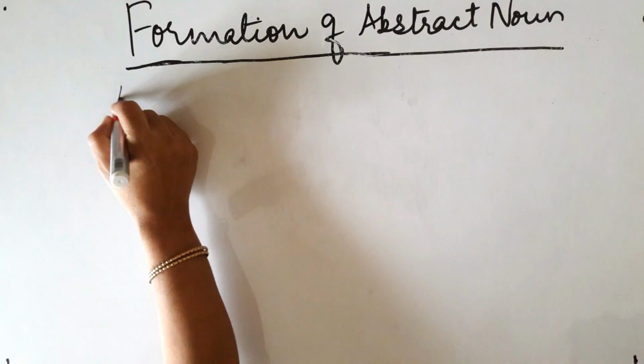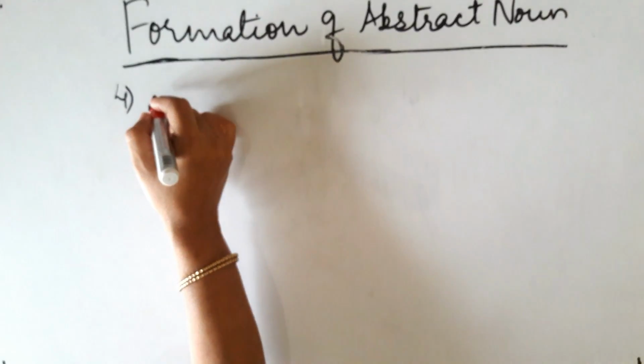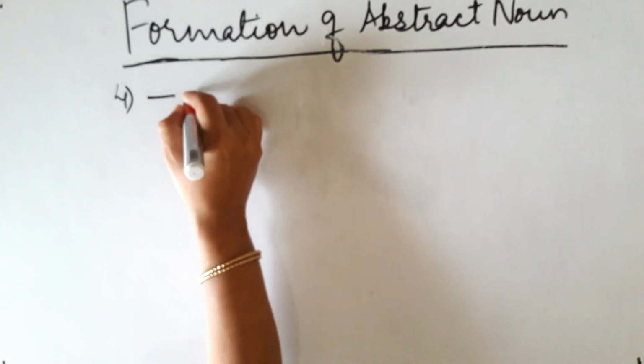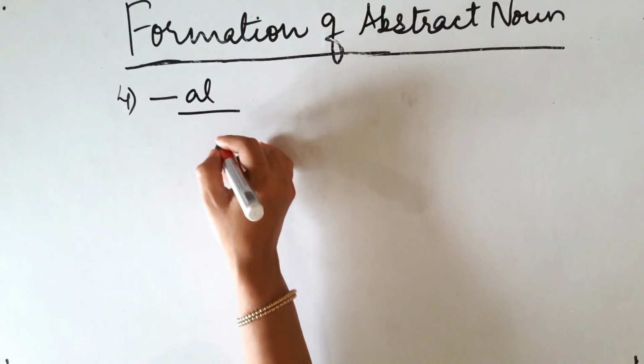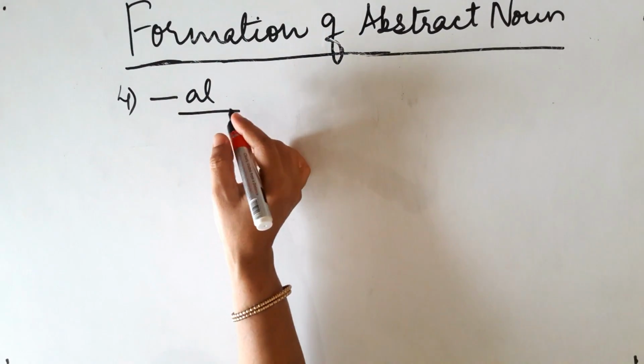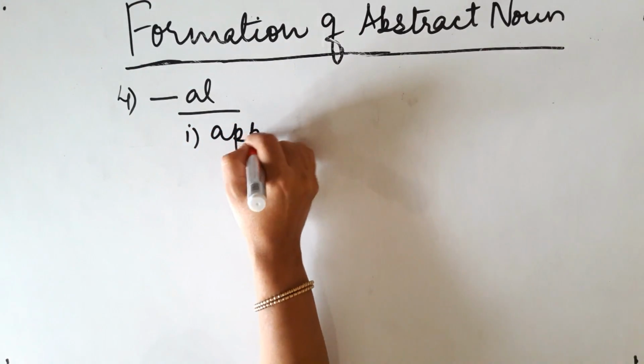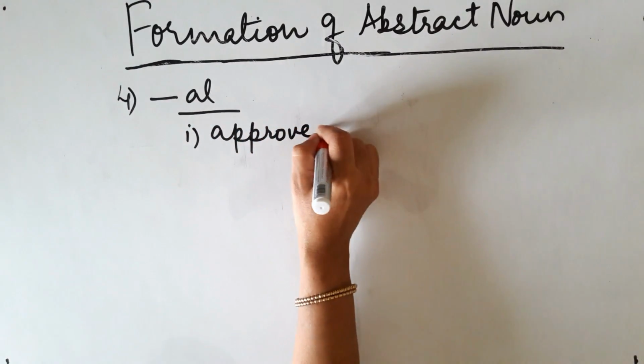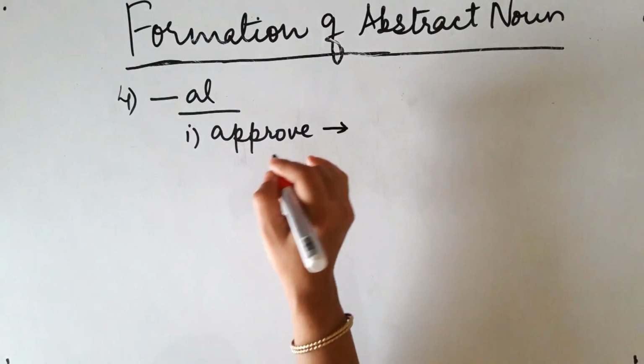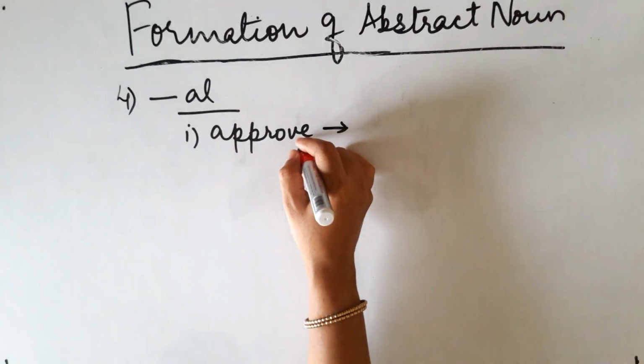Next we have words where we can add al. Simply by adding al we can change the verb into noun. Words like approve. Here we make a slight change in the word.